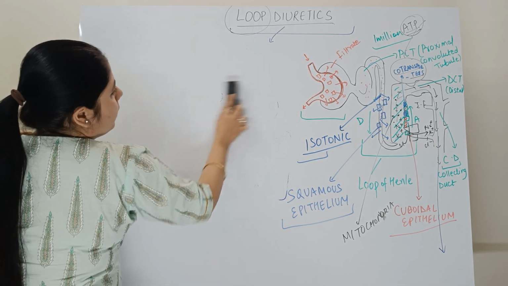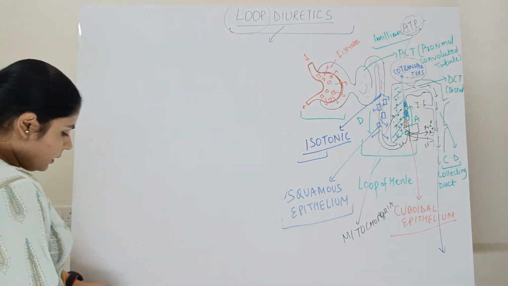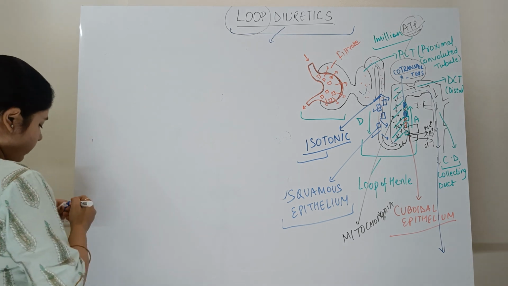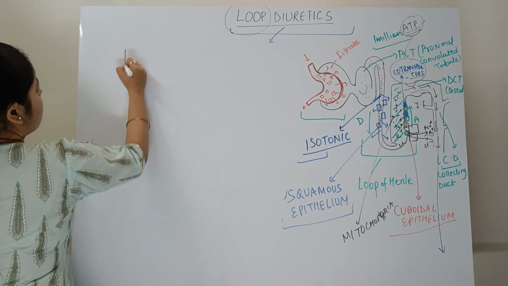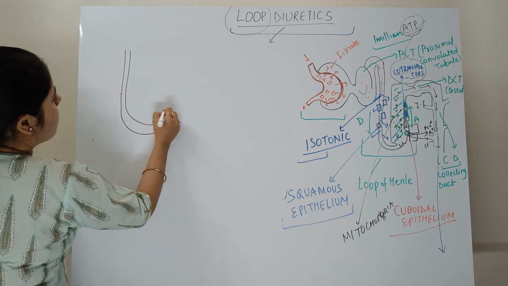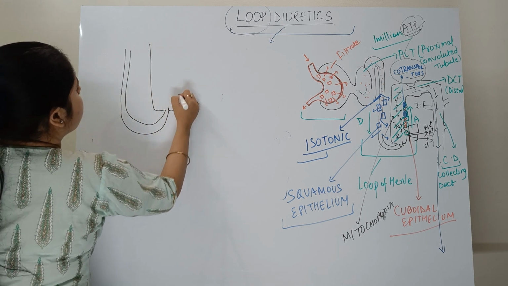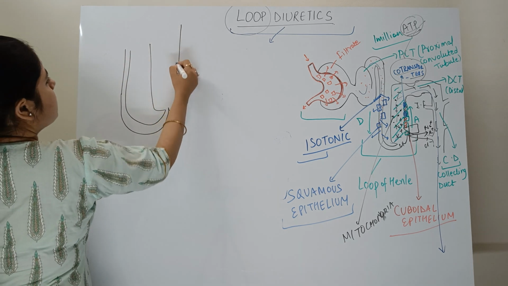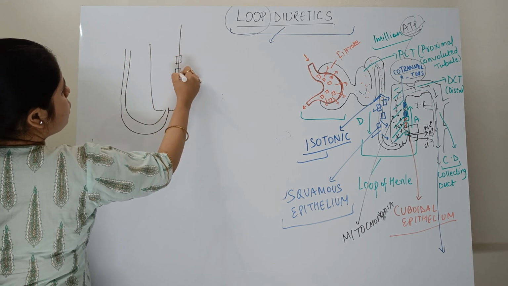So I'll make the point clear to you again. If I again draw this, the thinner limb, and why do we have to draw this? Because now we'll be talking about the mechanism of action of loop diuretics. So this is what I was talking about.